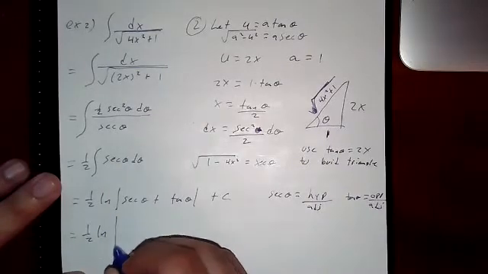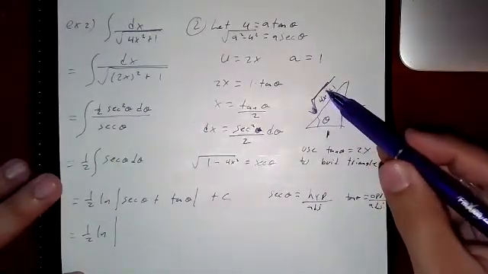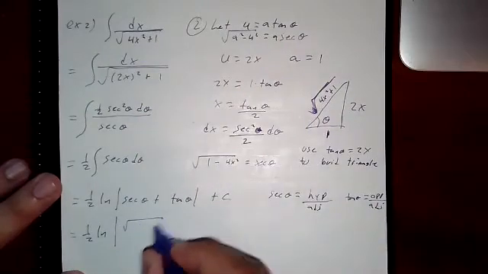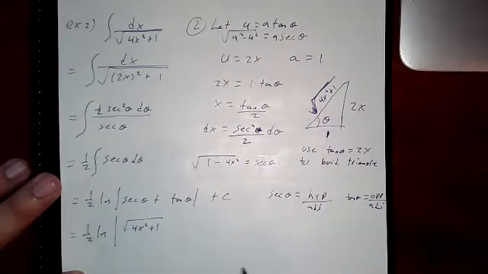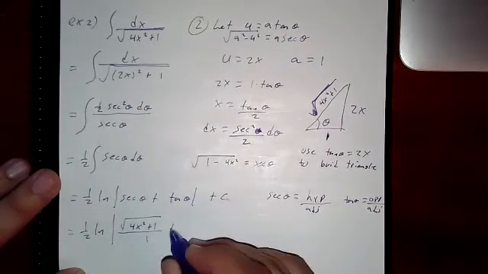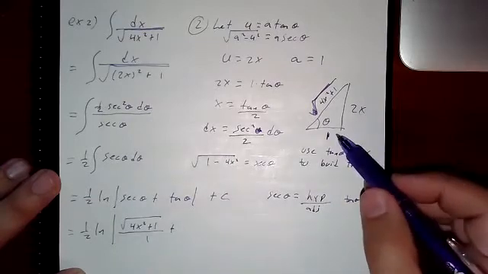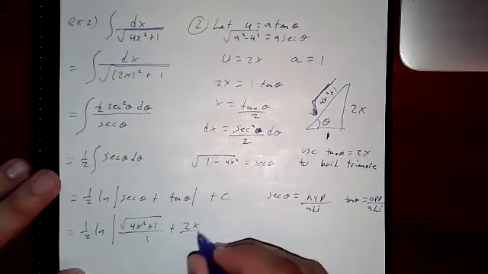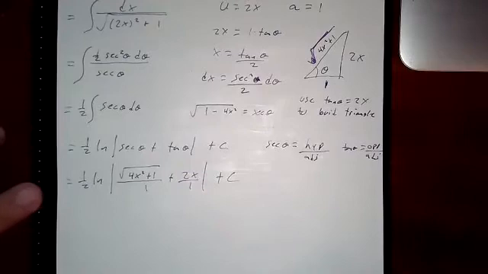So this would be hypotenuse over adjacent, so that would be the square root of 4x squared plus 1 over adjacent plus opposite over adjacent. That would be 2x over 1. There we go. We back sub to x. Any questions on any of these steps?